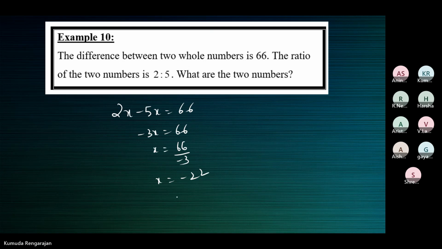In order to get the numbers, we'll multiply 2 into minus 22, which is minus 44, and 5 into minus 22, which is minus 110. And what is the difference between the two numbers now?